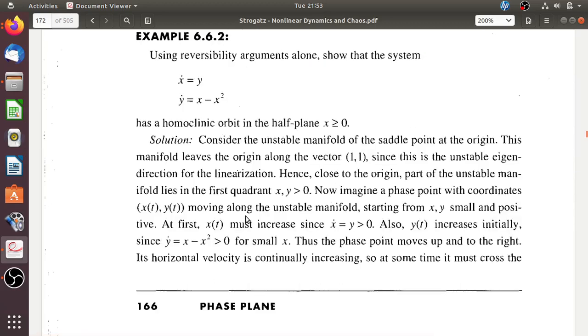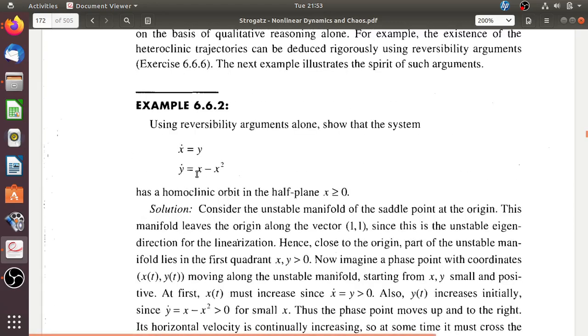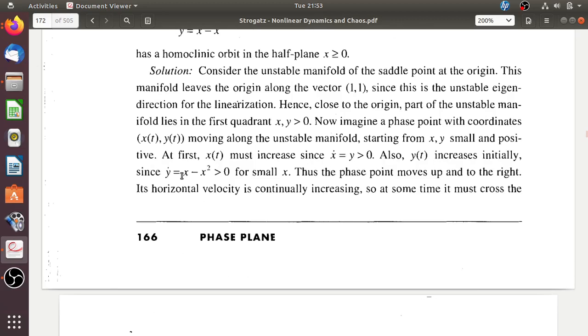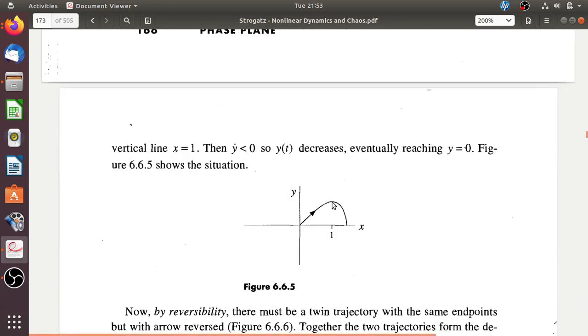However, when x becomes a number larger than or equal to 1, let's say, when it's equal to 1, then y dot is 0. At that point there will be only a change in x and no change in y.